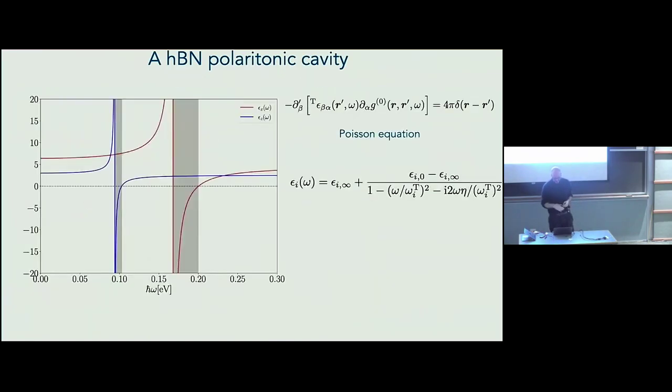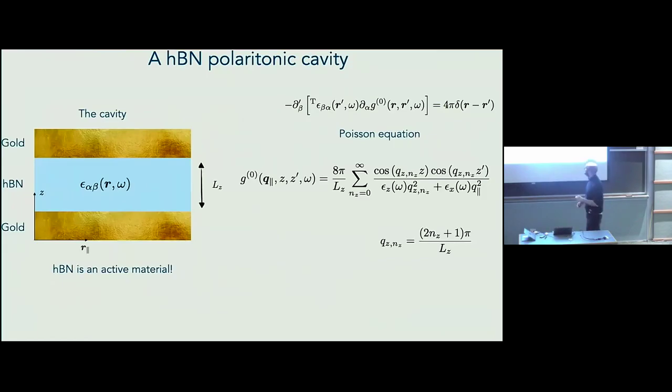And this hBN, as you saw yesterday, is a hyperbolic material, meaning that depending on the direction, you have two different dielectric functions, and there are these two regions that are very important, which are called the Reststrahlen bands, where the product of the two epsilon is negative.